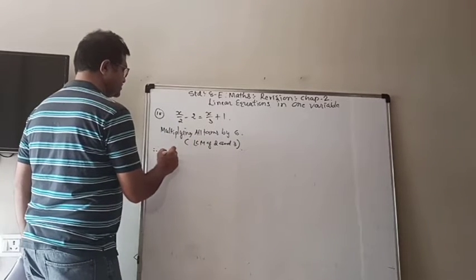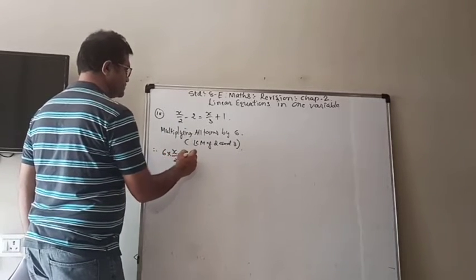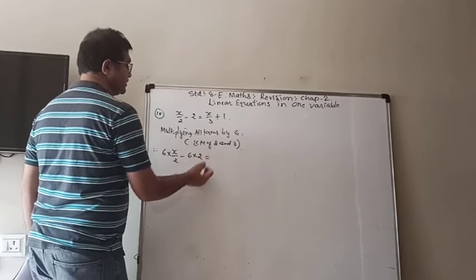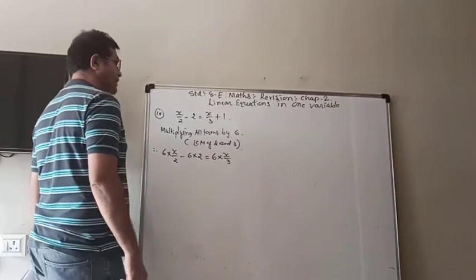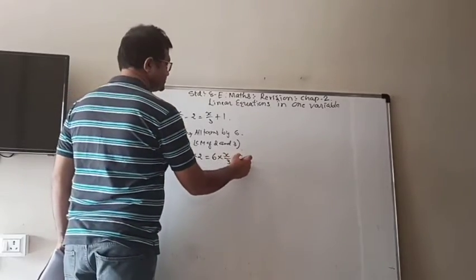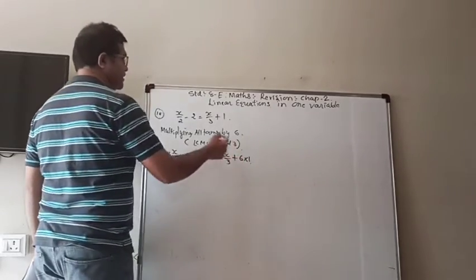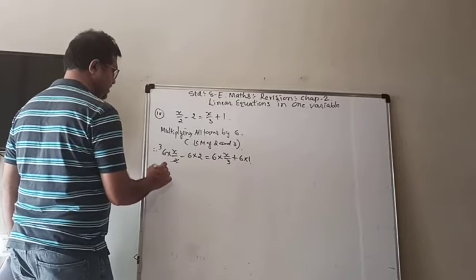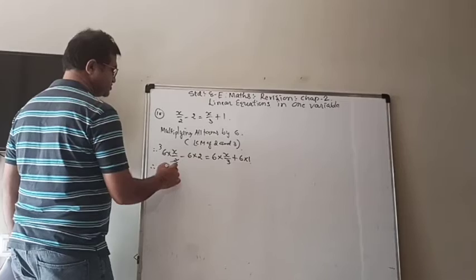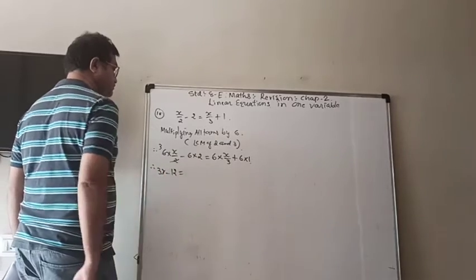So therefore 6 multiplied by x/2 minus 6 multiplied by 2 is equal to 6 multiplied by x/3 plus 6 multiplied by 1. Here 2 3s are 6, so 3x minus 6 2s are 12.